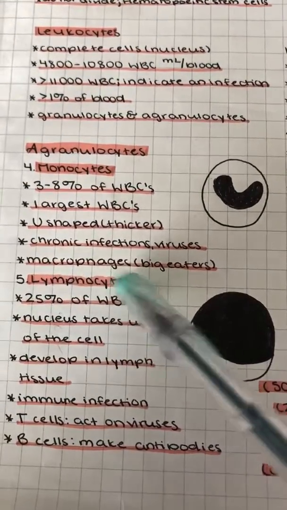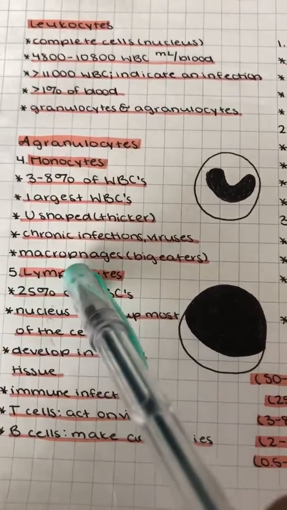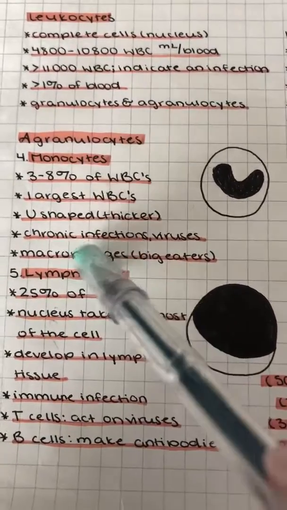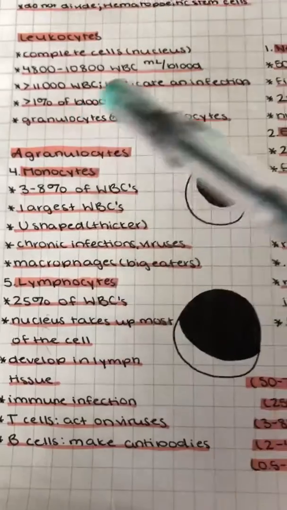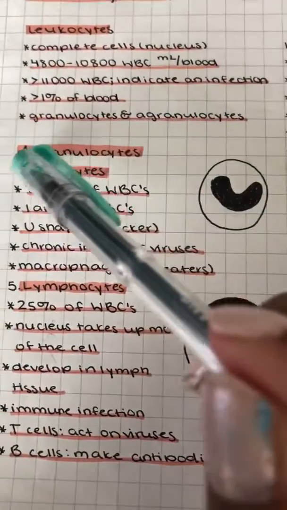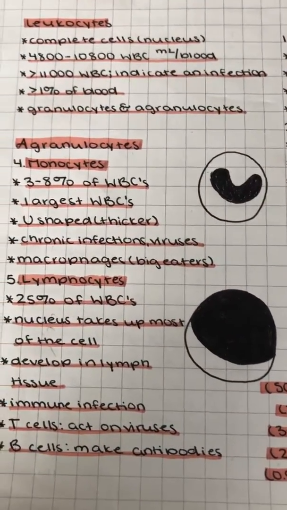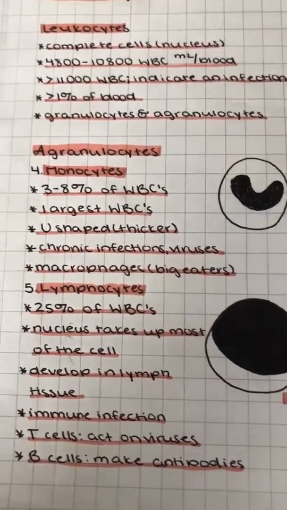Monocytes are macrophage. The word macro means big or large, and phage means to eat. So they're the big eaters when it comes to these chronic infections. All right, notice there's no dots. Agranulocytes, no granules are going to be present. So this is what a monocyte looks like.